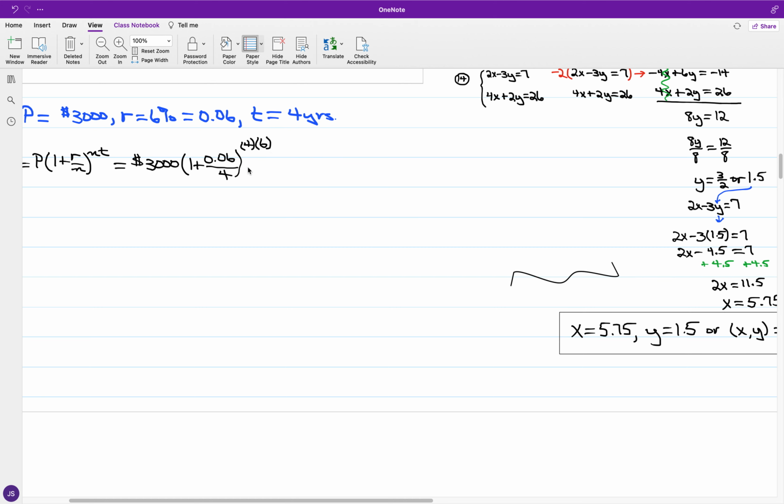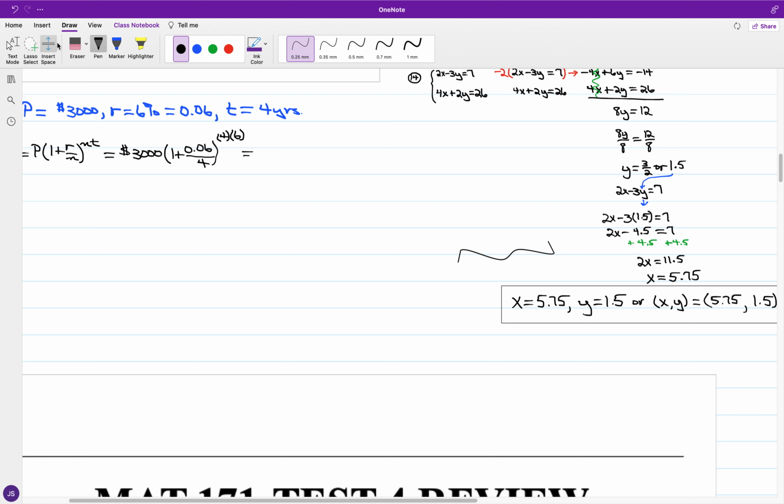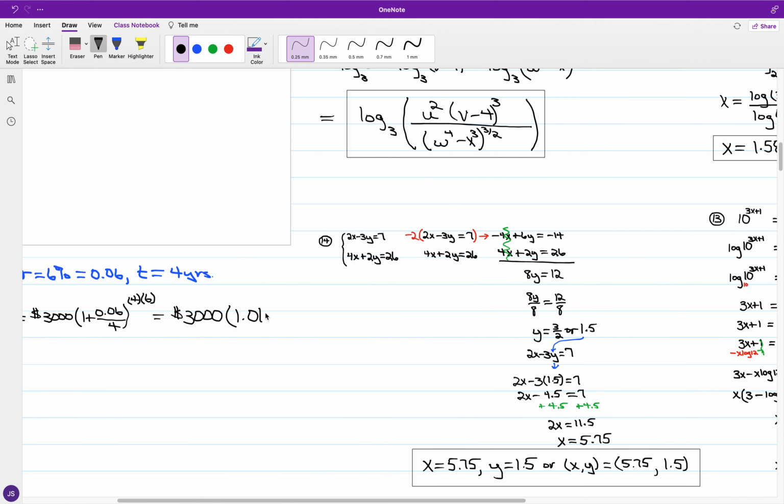Again, this is from the quarterly compounding. So I have 3,000 times 1.015 to the 24th.